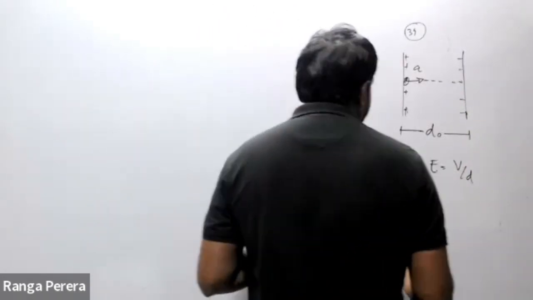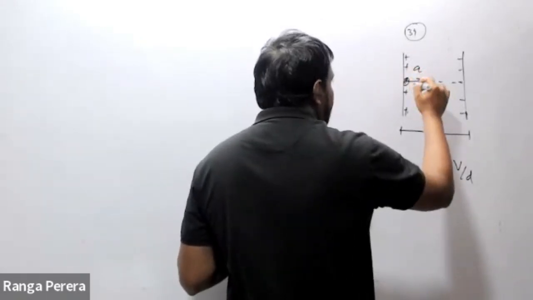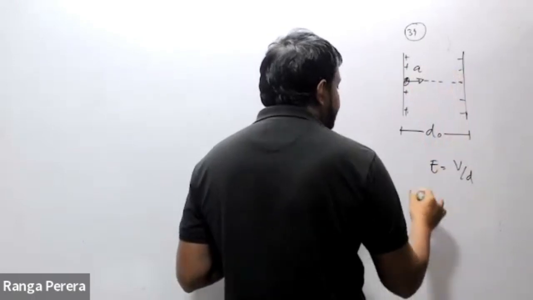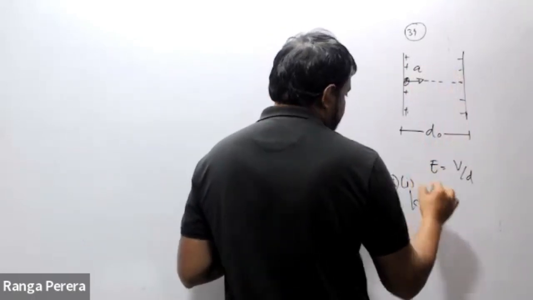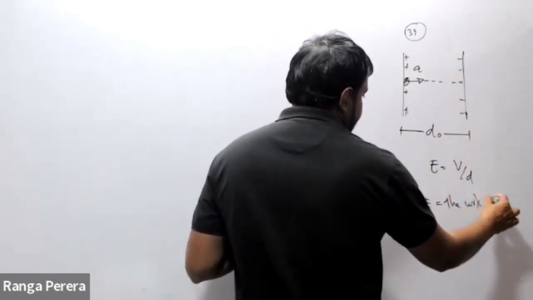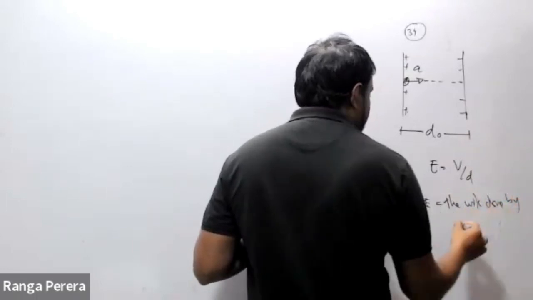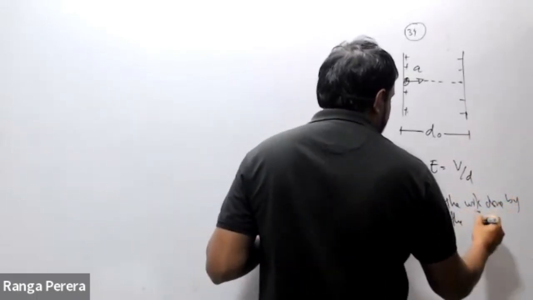So to find the kinetic energy, for part A, the kinetic energy equals the work done by the electrostatic force.